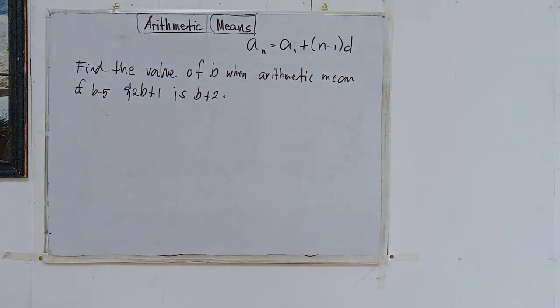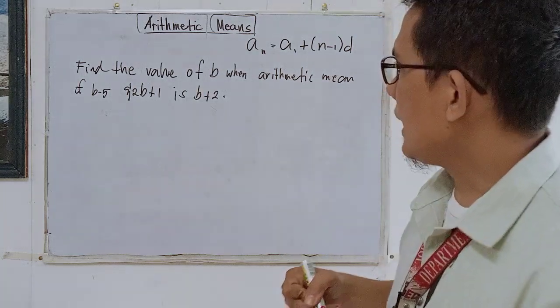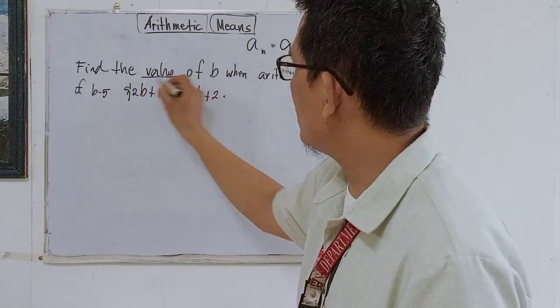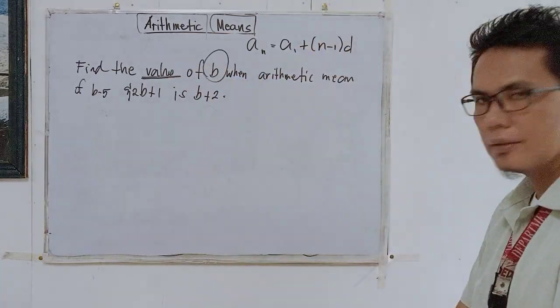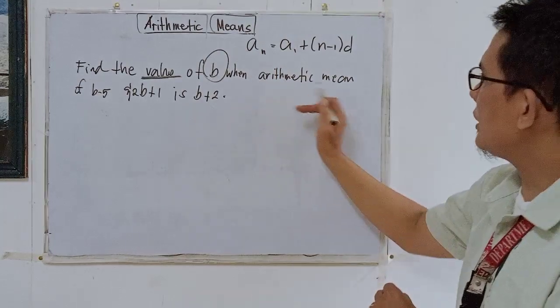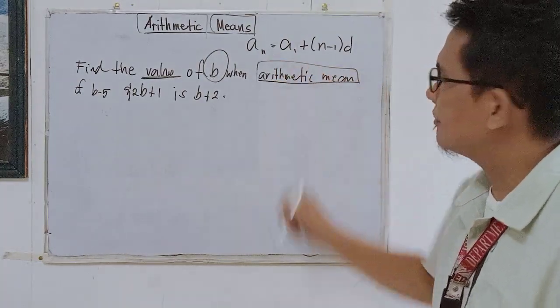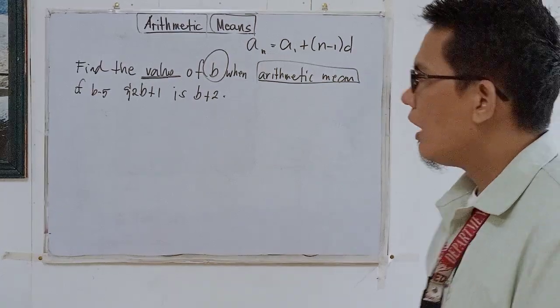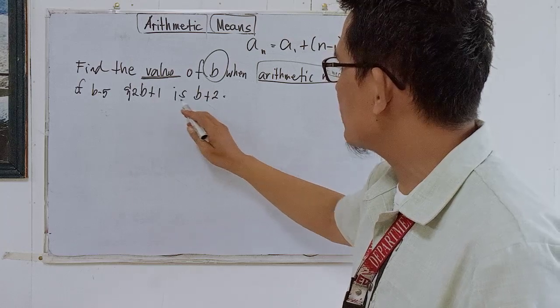So let us now go to understanding our problem here. The first is we're going to find the value of our unknown, the value of b. When the arithmetic mean, so it means that we have the arithmetic mean given. Okay? Of b minus 5 and 2b plus 1 is b plus 2.